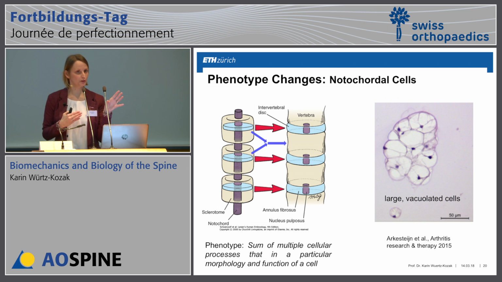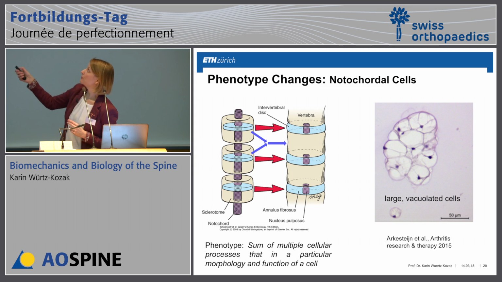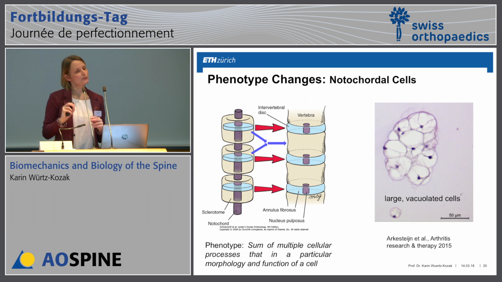On the one hand, you have the nucleus cells and the annulus cells, but earlier in the development or at early stages in childhood, you have two additional types of cells that I would briefly like to mention. The one are notochordal cells. These are cells that come from the development from the notochord, and they are very specific because they are large vacuolated cells, and they have very specific biological activity. They are very active in producing matrix, and that makes sense because in the development you still need to produce the matrix for the intervertebral discs.